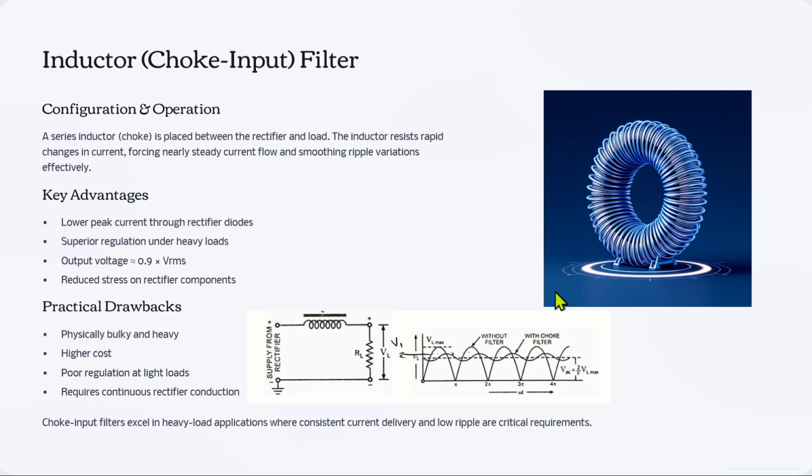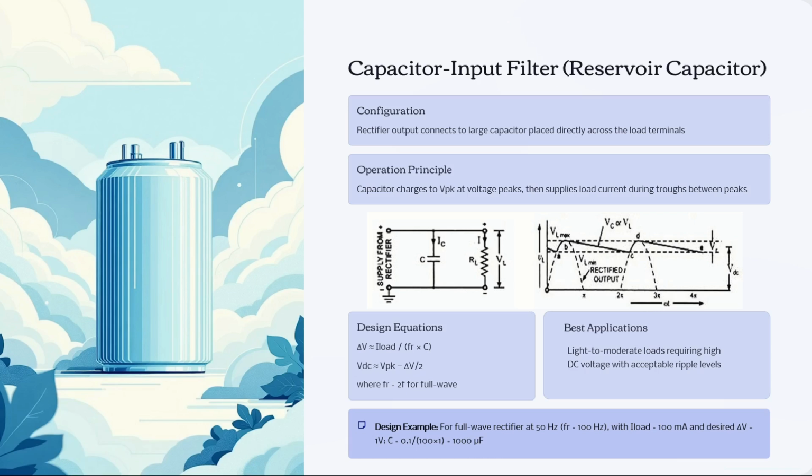Now moving ahead, next is the capacitor filter. In a capacitor filter, a capacitor is placed in parallel with the load, as you can see here. The capacitor charges up to the peak, as you can see in this waveform, and then discharges slowly through the gaps. As we know, the charging and discharging times of capacitors are different.